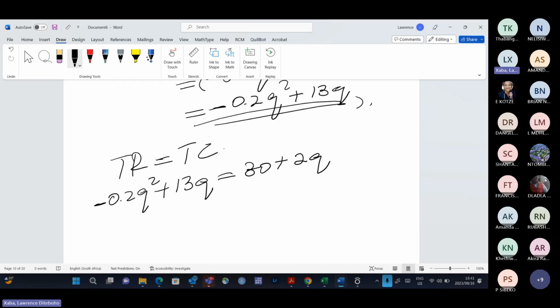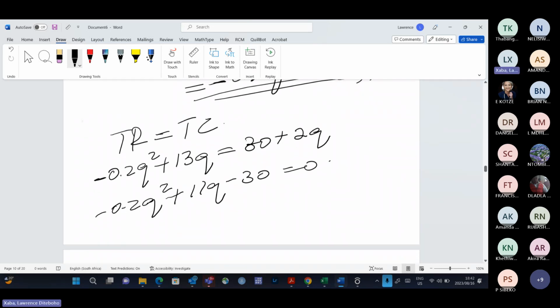Let's group the like terms. We have negative 0.2Q squared there. If we take the 2Q to the left-hand side, we end up with plus 11Q minus 30 equals 0.